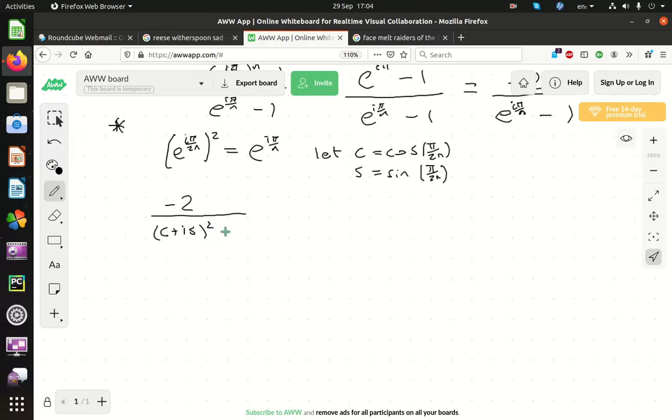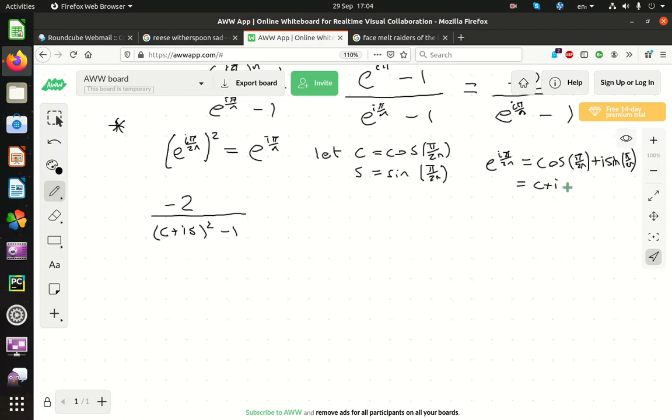Now, the reason why that's c plus is is because e to the i pi over 2n is cos of pi over 2n plus i sine of pi over 2n. In other words, it's c plus is.